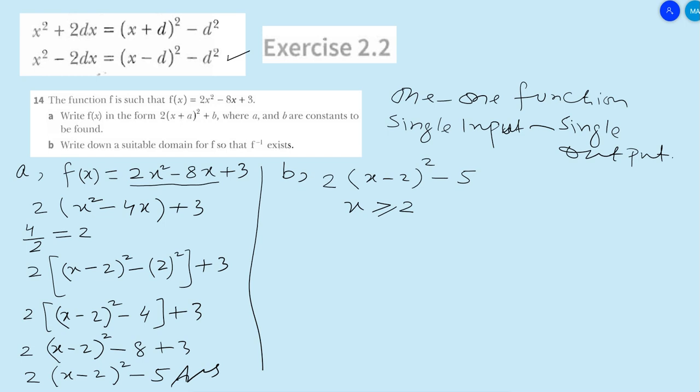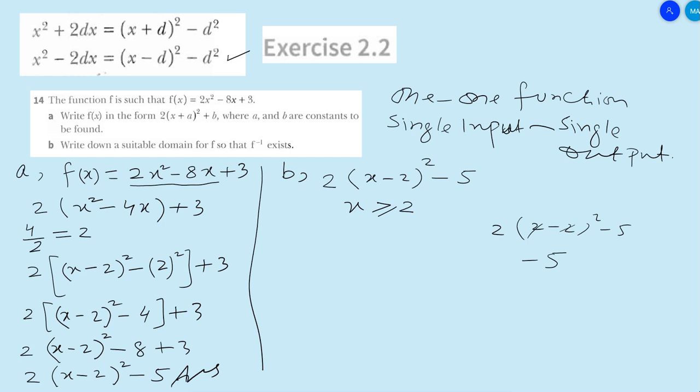What does it mean? If we put 2 in the function, you can clearly see 2 minus 2 whole square minus 5. 2 minus 2 is 0, and 0 multiplied by 2 is 0. The value is minus 5. So for one single input, we are getting a single output.